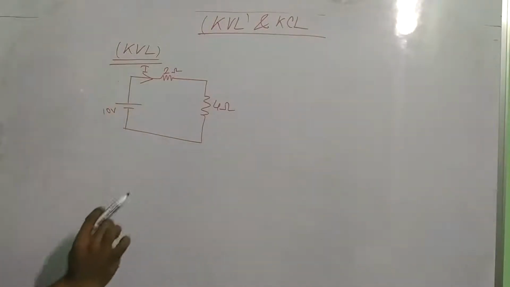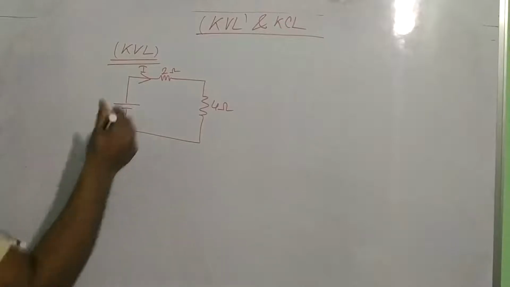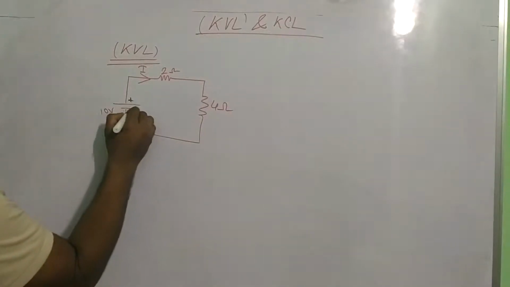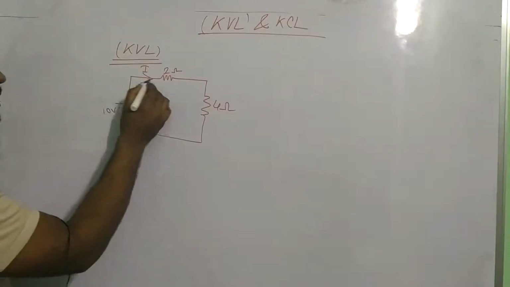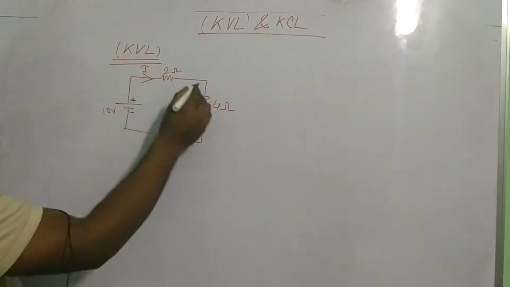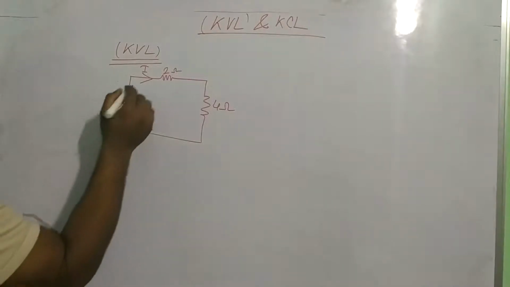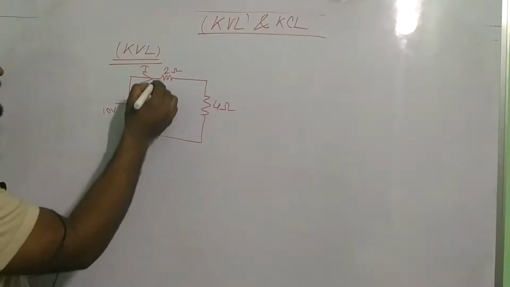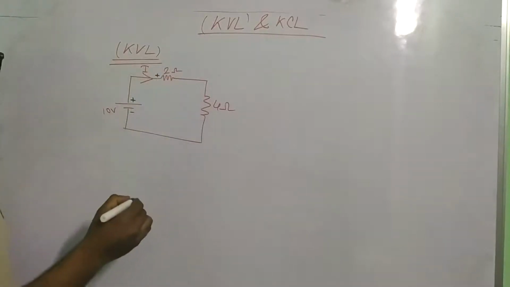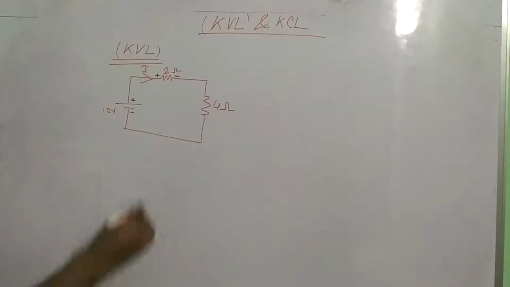Always apply KVL in a closed loop. This is a closed loop. At first, give a current direction. This is a normal series circuit. Where the current enters a resistance, this point is called positive and the leaving point is called negative.